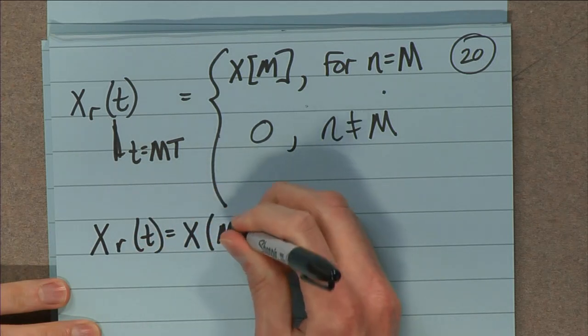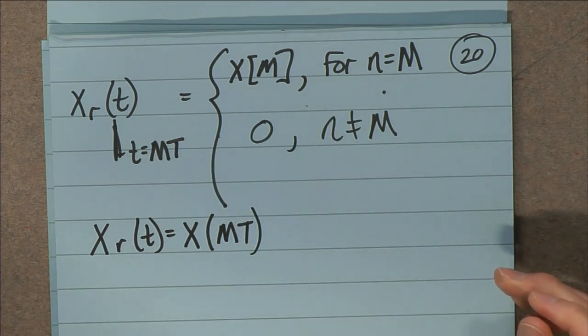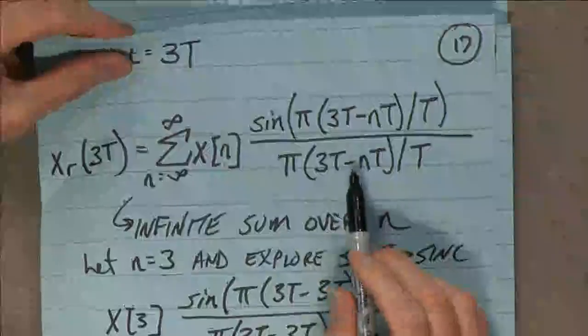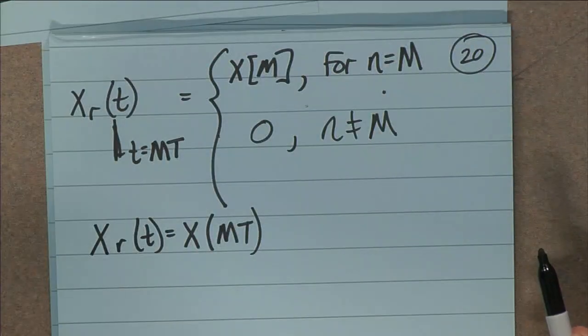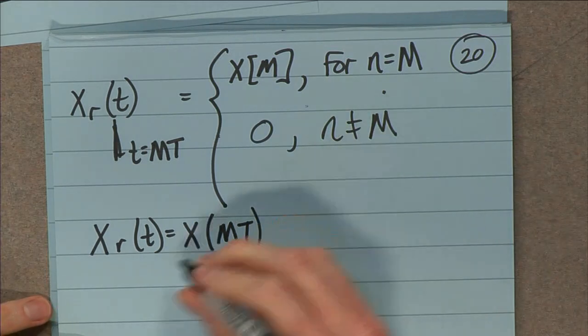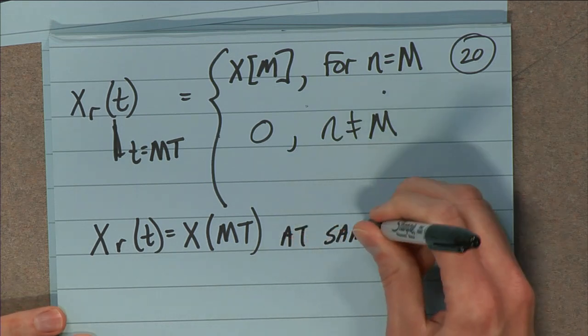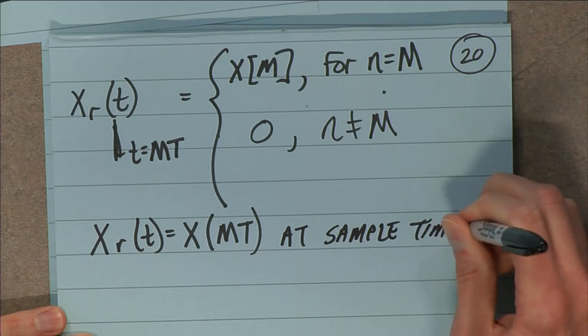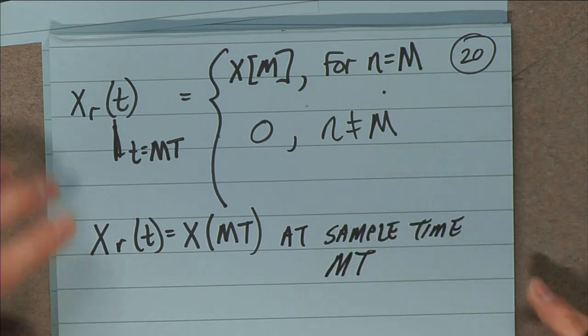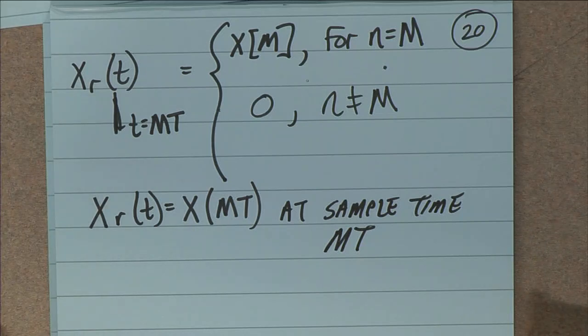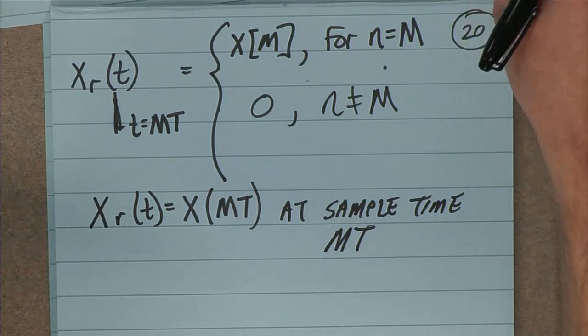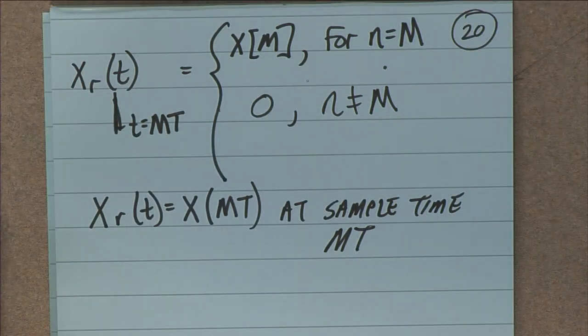Even though this expression with all these infinite sincs may look intimidating, you have to get the same thing back. So x_r(t) equals x[m] at sample time mT. It really has to. If your reconstruction changed the samples at those times, that would be a key that something is very fishy about this reconstruction.